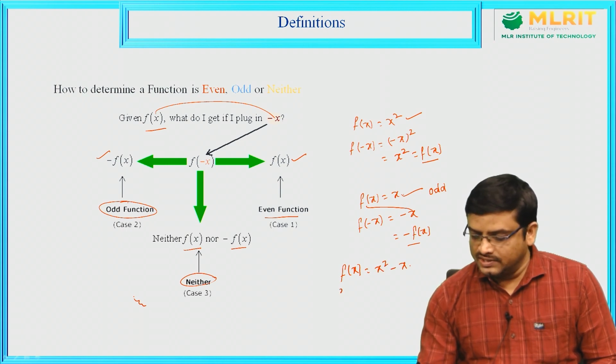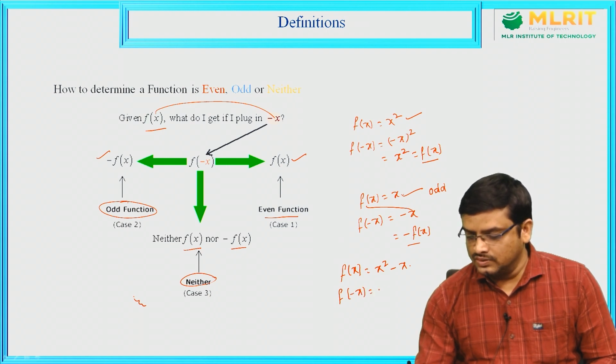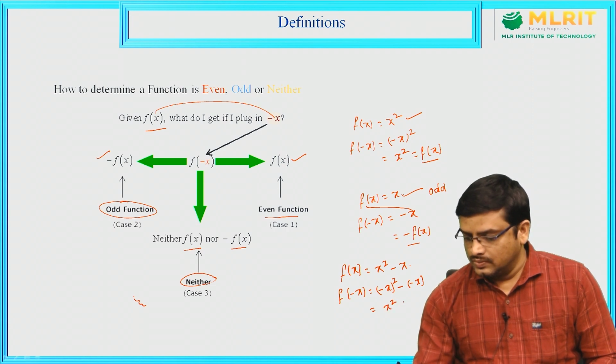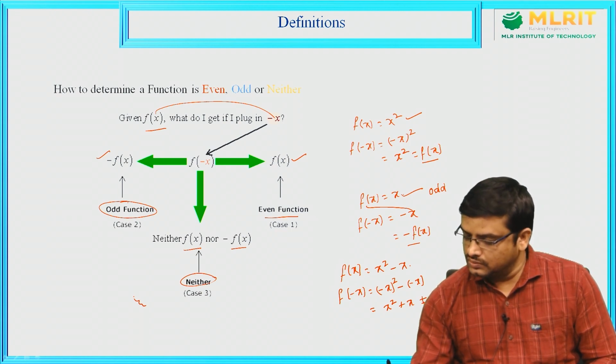Now in this function replace x with minus x. You will get minus x whole square minus of minus x, which is x square plus x. So this is not equal to f of x, and this is also not equal to minus f of x.